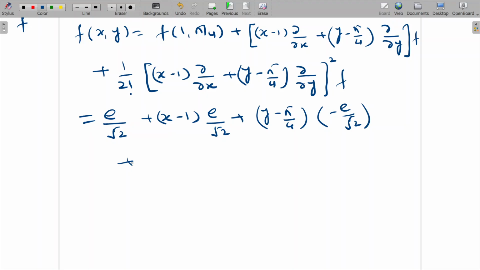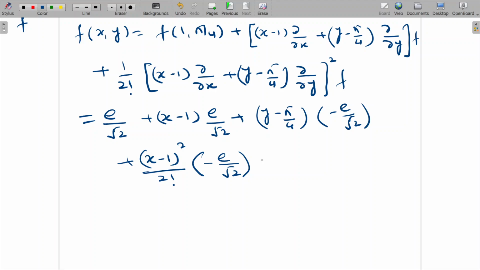And similarly we will calculate this, so this will be (x minus 1) whole square over factorial 2 times ∂²f/∂x². So the value of the second order derivative of this function with respect to x is minus e root 2.